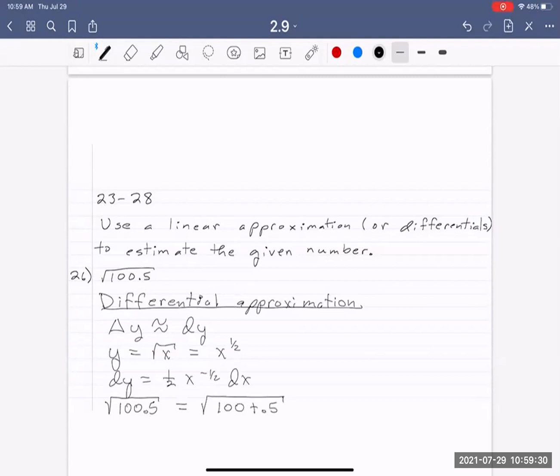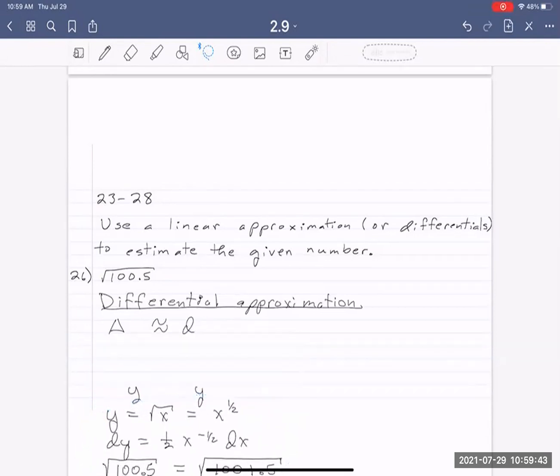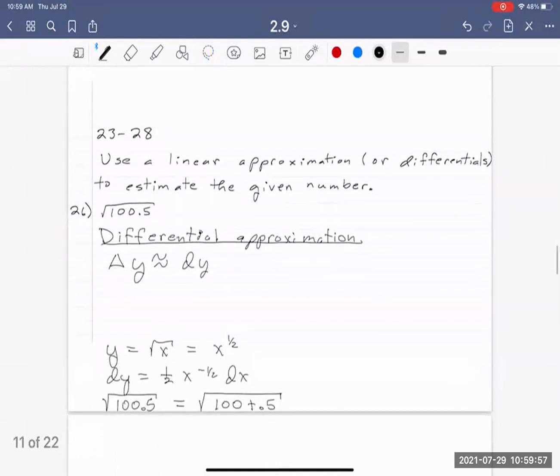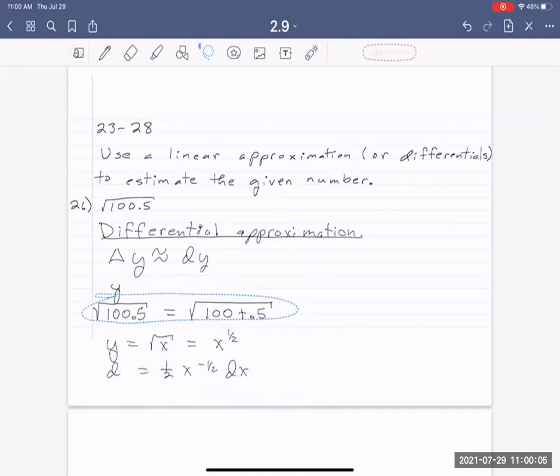Oh, actually, I should have told you where that came from. Actually, maybe what I'll do is bring this down. What happened there? My y somehow got attached. Get rid of that.